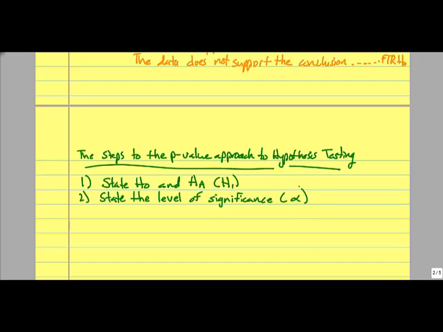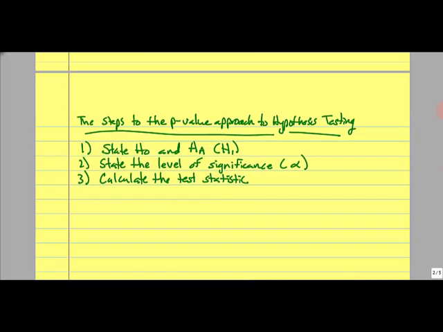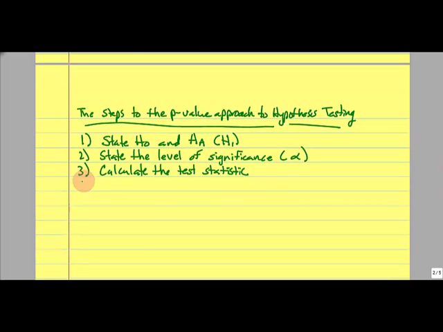It's kind of an error. How much are we willing to be wrong? Then this is kind of where they start to differ. We calculate the test statistic. And then after we calculate the test statistic, we calculate the p-value based on the test statistic.